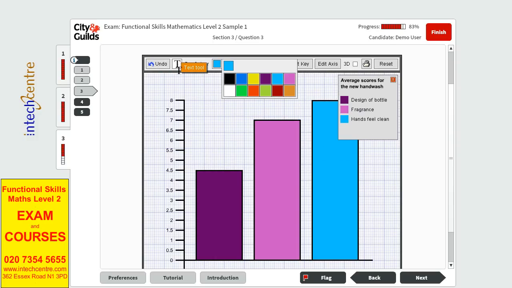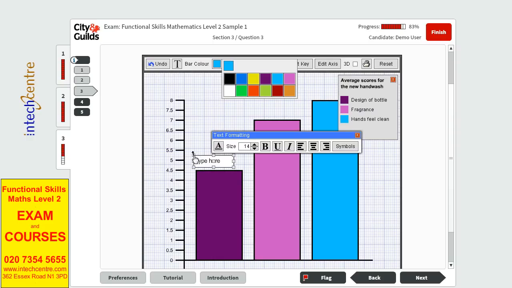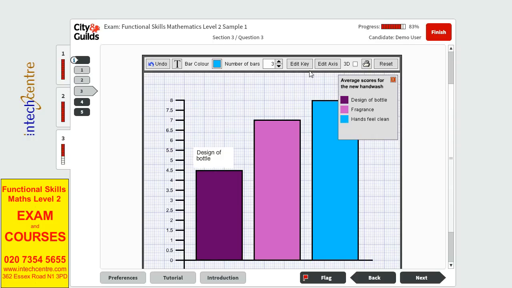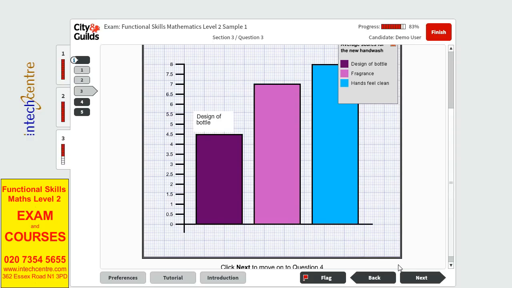You can also use, as I said previously, the text tool, where you could just write design of bottle. You could do this for all of them if this is quicker, or if you forgot how to use the edit key. But if you did so, please go back to the navigation tutorial. That will help you in creating the bar chart accordingly.